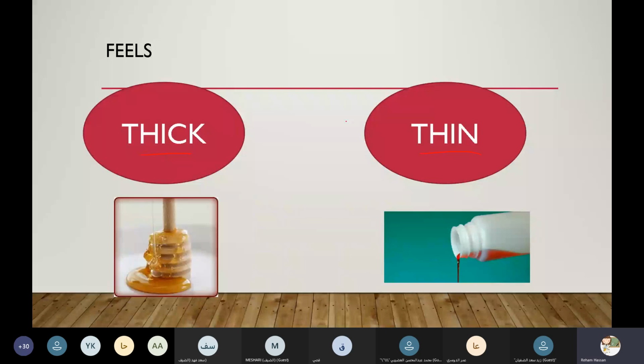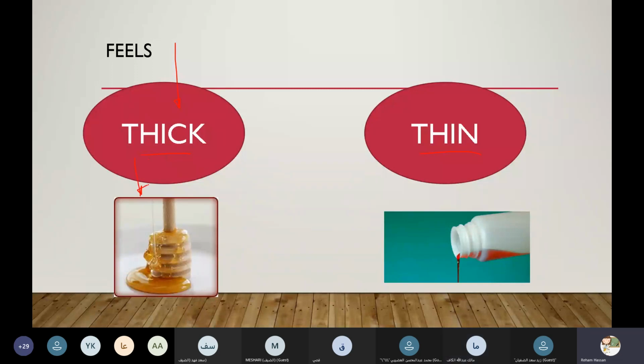Yes, Malik. Okay, honey. Yes, teacher. Tell me more about the properties of matter. Some matter feels like the honey. What about the honey? Is it thick or thin? Look well, it is thick.